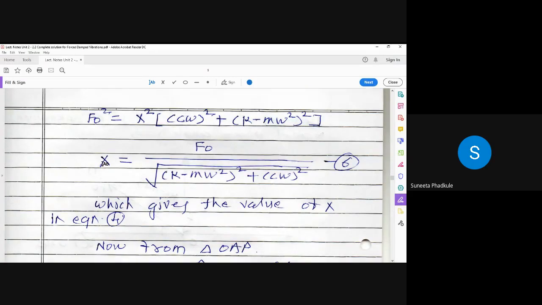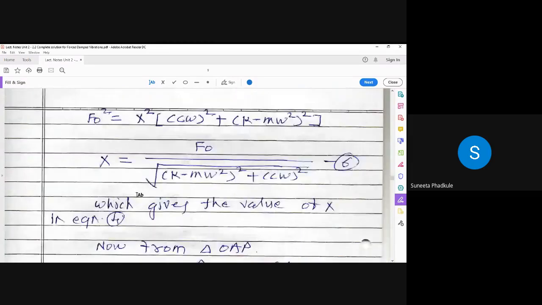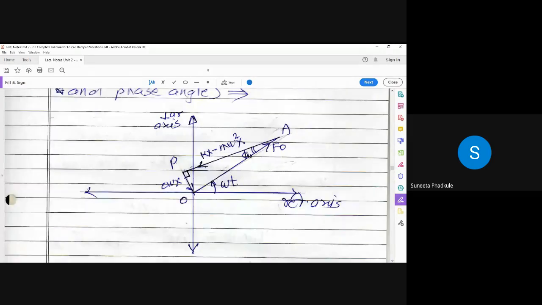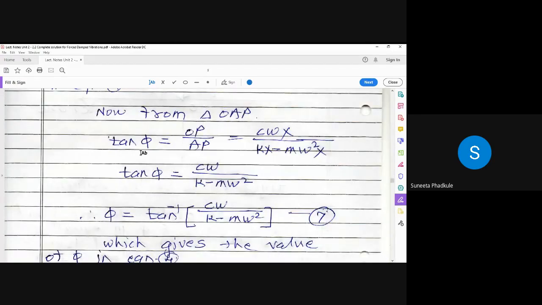So this was the value of x. Then what is the angle phi? Define tan phi in this diagram. How will you define tan phi? Tan phi is equal to OP upon AP, that is cωx upon kx minus mω²x.